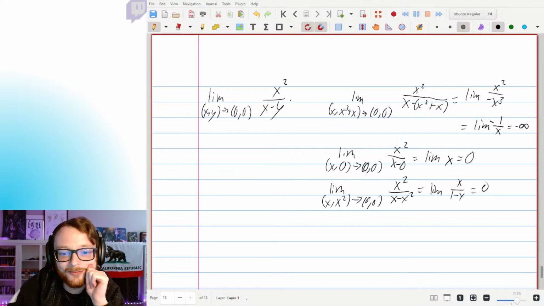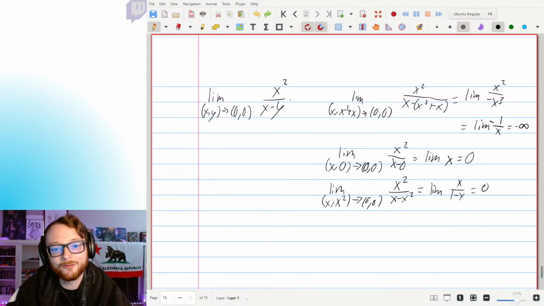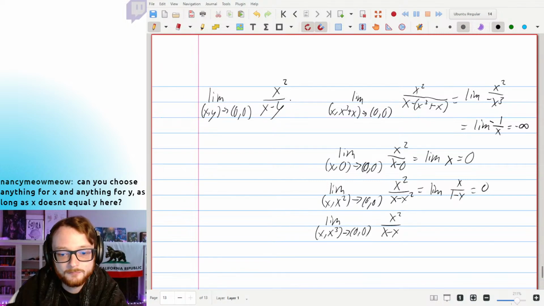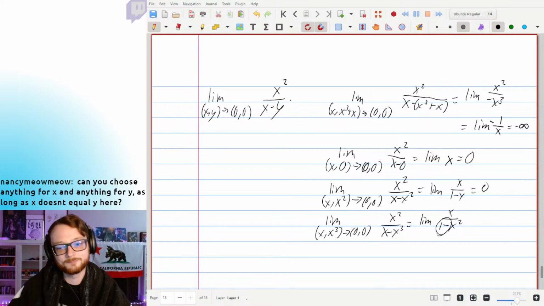If we did just x cubed, is that plus x even necessary? It is, because we have to get rid of the 1 minus.